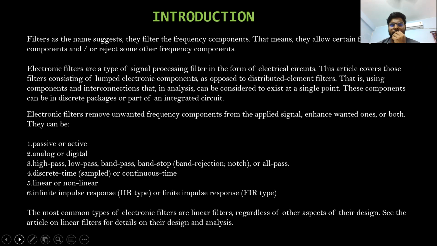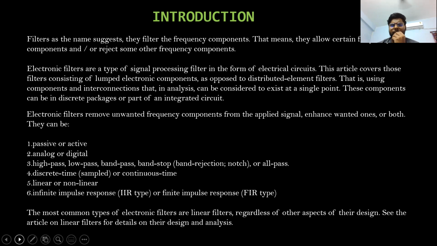Electronic filters remove unwanted frequency components from the applied signal, enhance wanted ones, or both. They can be passive or active, analog or digital, high pass, low pass, band stop, or all pass, discrete time or continuous time, linear or non-linear, infinite impulse response or finite impulse response.